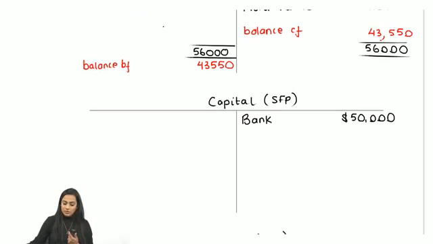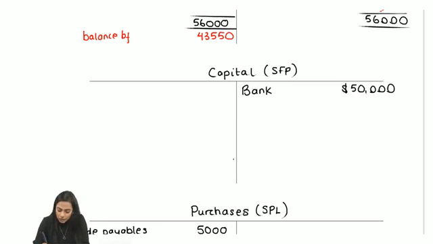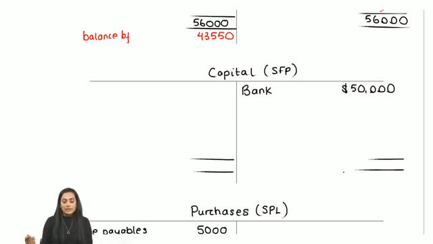Let's do capital. What you do, you add down both sides and decide which had a higher total. Clearly, the credit side is higher. So you have a 50,000 here and a 50,000 here. But the debit side adds up to 0. So what you need to do is add extra items to make it add up to 50,000.